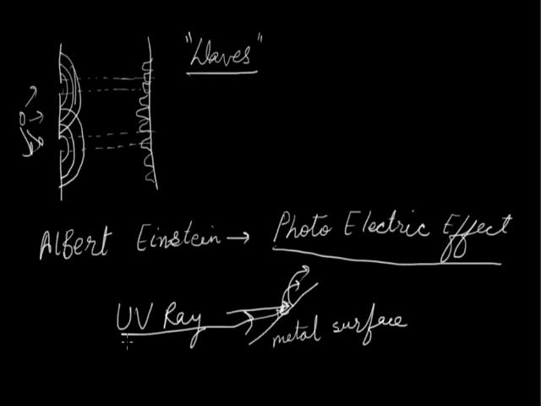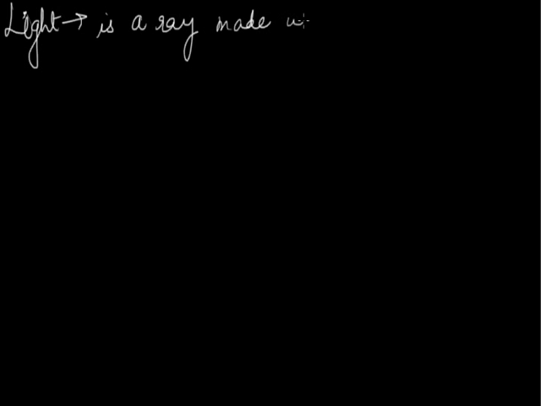Einstein explained this phenomenon by saying that light is a ray made up of small particles or energy packets which are known as photons.